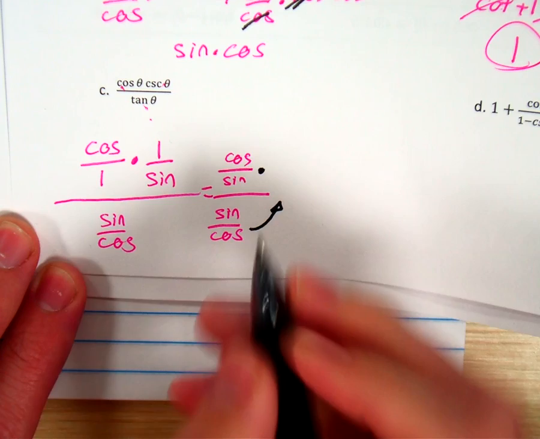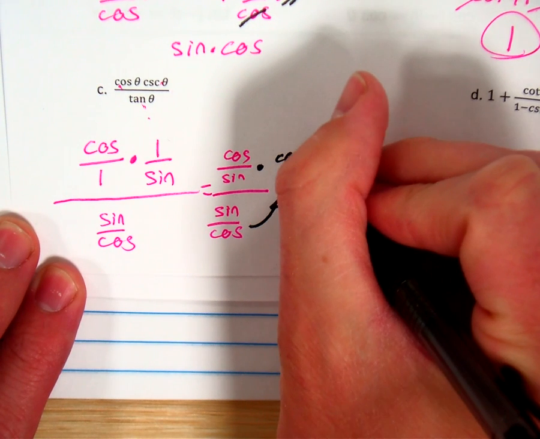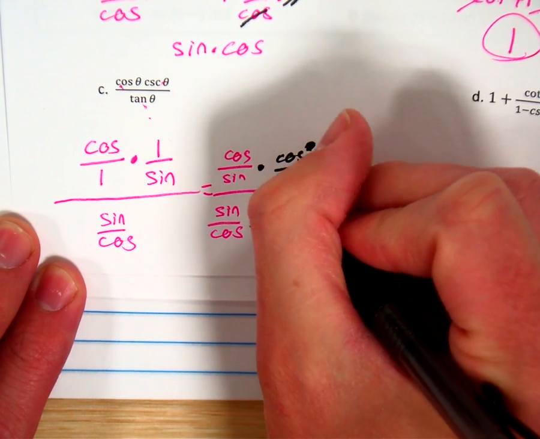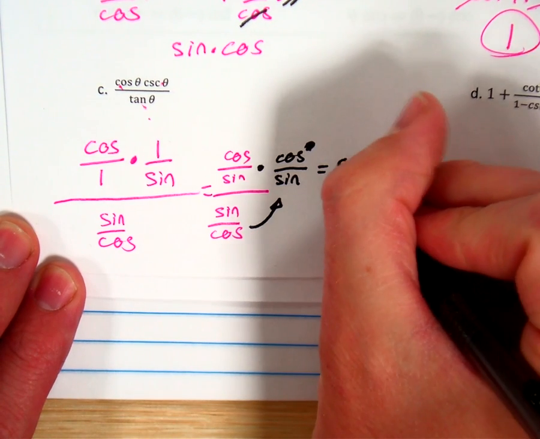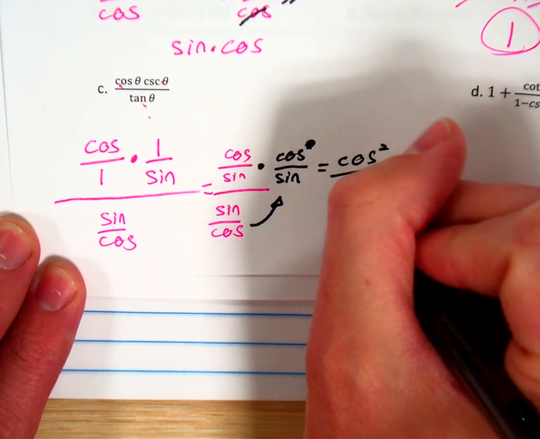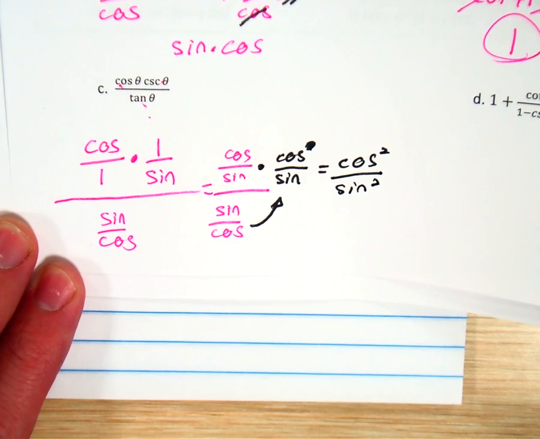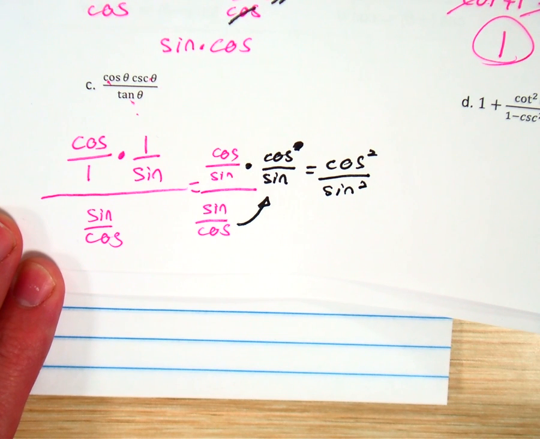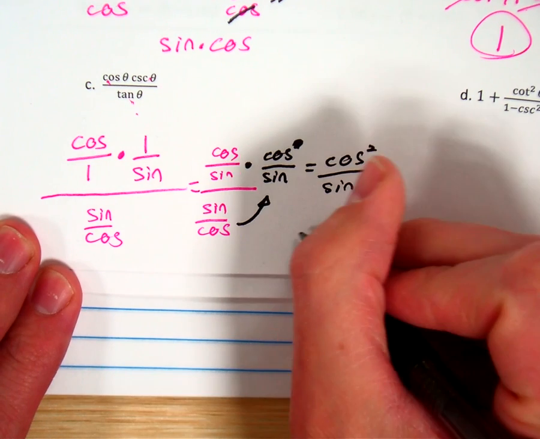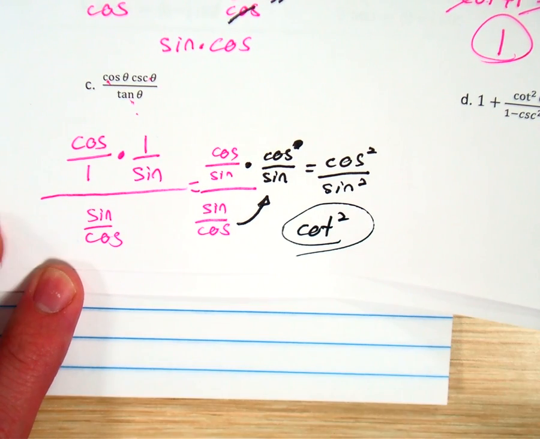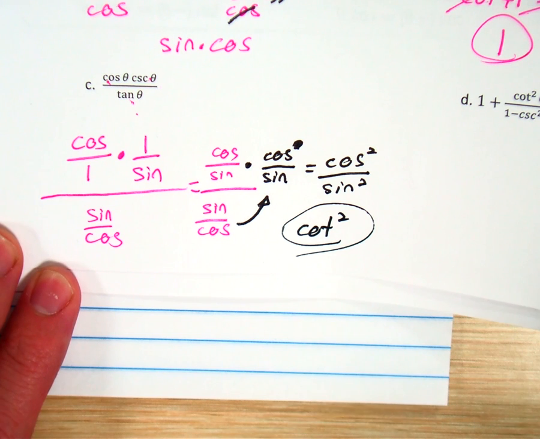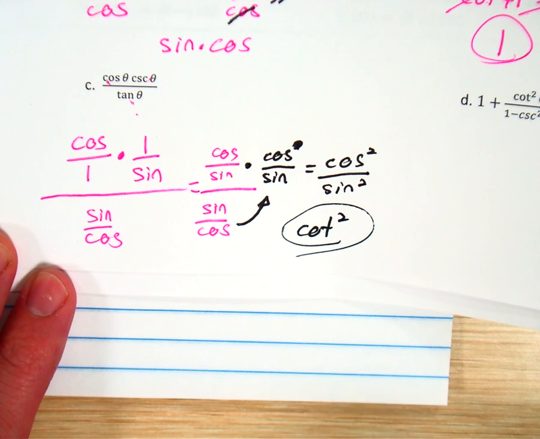So times the reciprocal, cosine over sine, gives cosine squared on the top, sine squared on the bottom. Okay, cosine on top, sine on the bottom, that's cotangent. Cosine squared over sine squared is cotangent squared. Kind of a tricky one there. There's a lot going on.